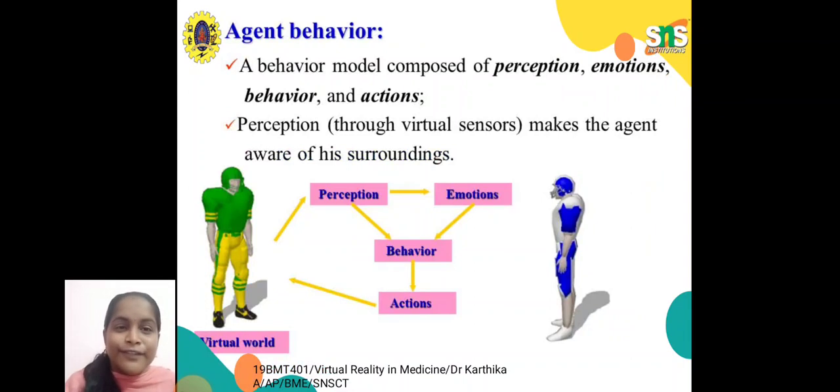And also we have agent behavior, a behavior model composed of perception, emotions, behavior and actions. Here perception through virtual sensors makes the agent aware of its surroundings. For better understanding, imagine virtual reality games. It gives a better view about modeling in virtual reality.